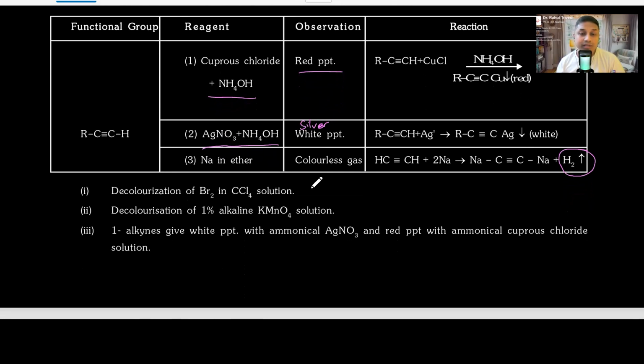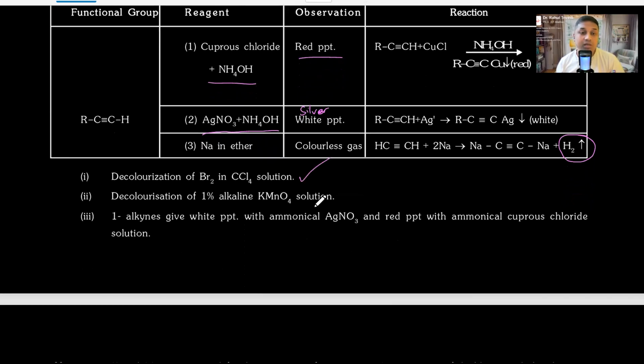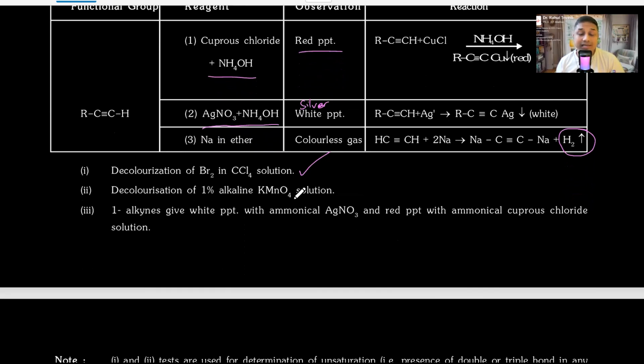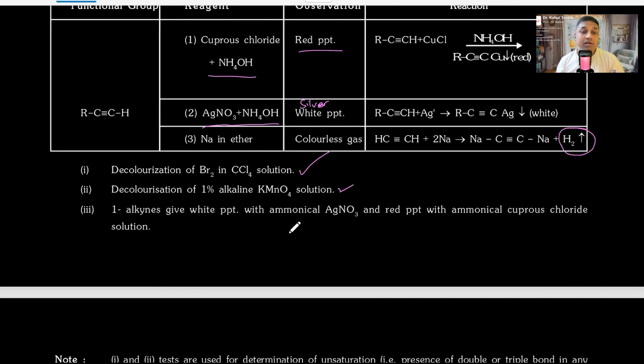Decolorization of bromine in CCl4 solution is also possible. Decolorization of 1% alkaline Baeyer's reagent solution. And one alkyne gives a white, silvery white precipitate with ammoniacal silver nitrate, and with ammoniacal cuprous chloride solution also.